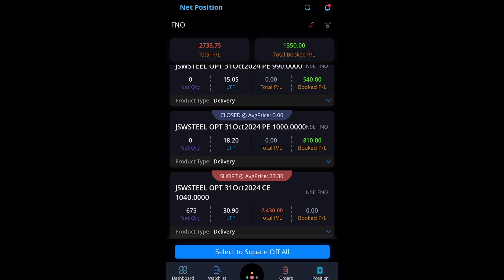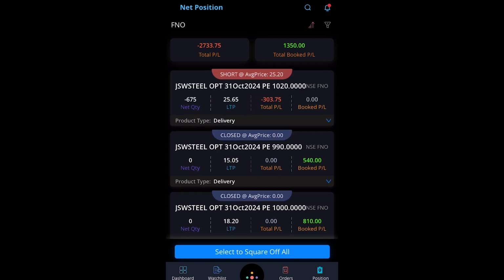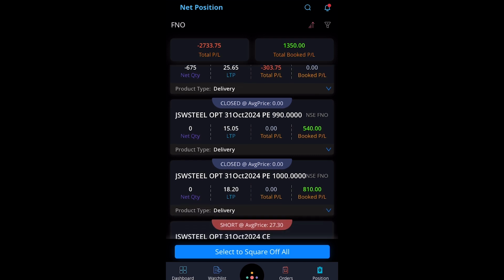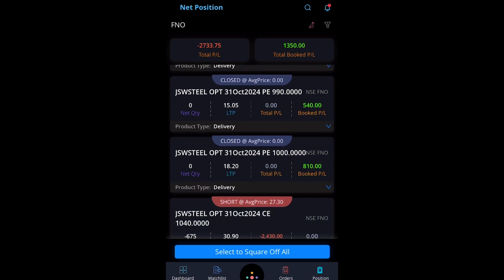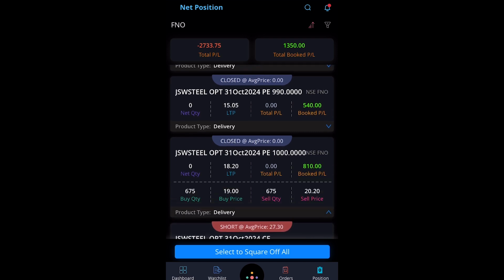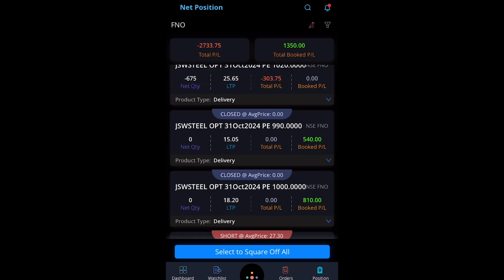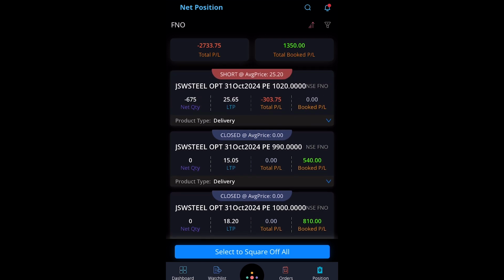So what I did was I sold a call for 1040 and also I sold a put for 1000. If you see here, I gained 810. Again, I sold a put for 990 because I was in loss there. So look at my strategy.